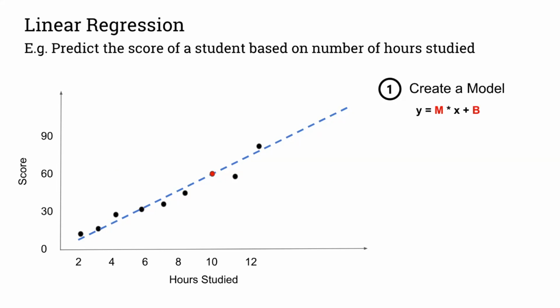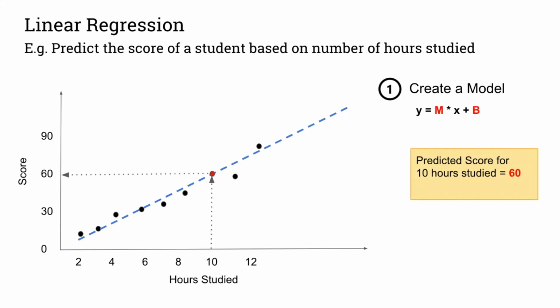Around 55-60, right? So this is our prediction. No, it's around 60, and this is what our machine learning model is going to predict as well. It will draw a line which will fit all these points in the best possible way, a line which is closest to all these points.